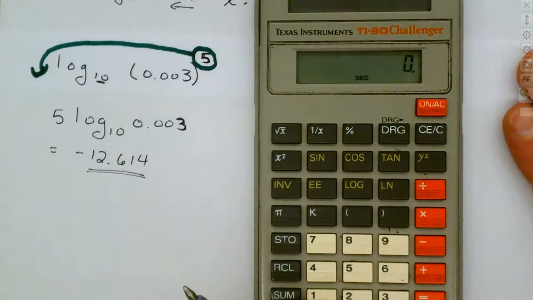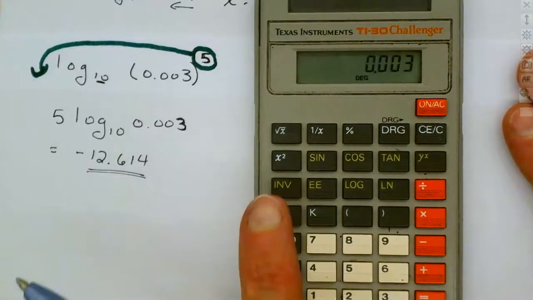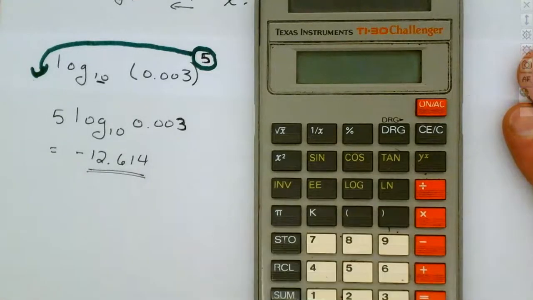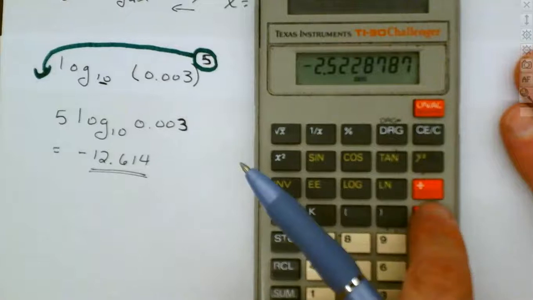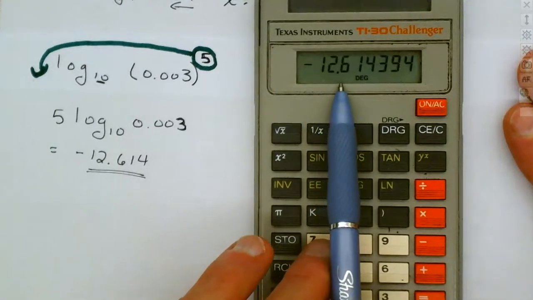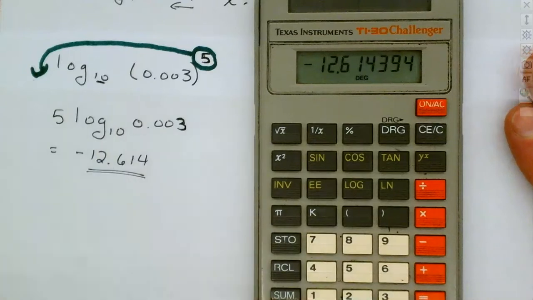So you type in 0.003, hit your LOG key, hit times 5, and that gives you the same, minus 12.614. So depending upon the style of calculator, you'll either hit the log key first or the log key at the end. One or the other.